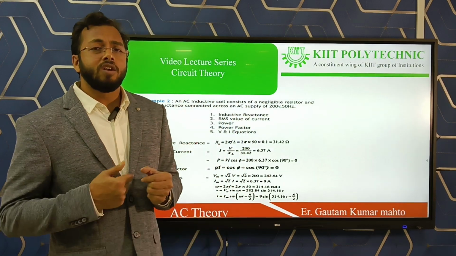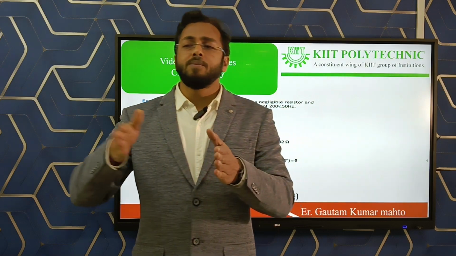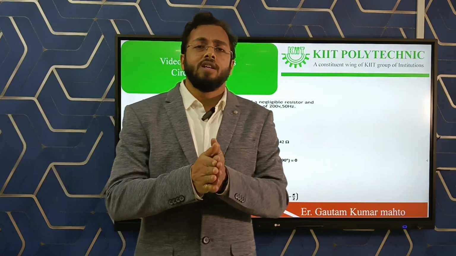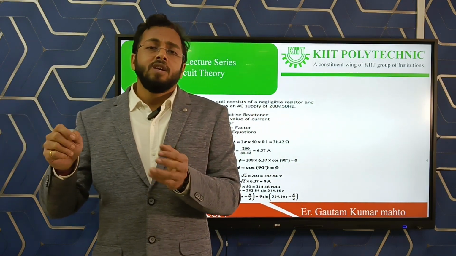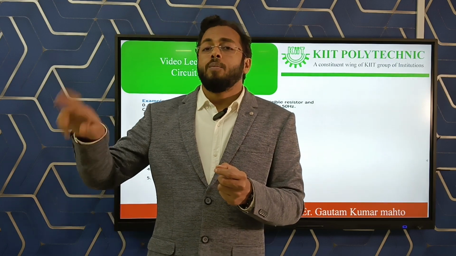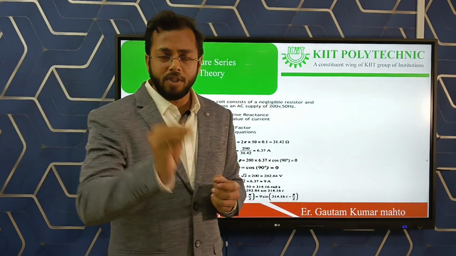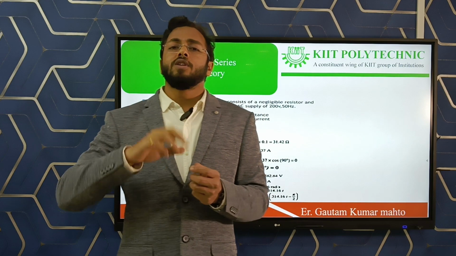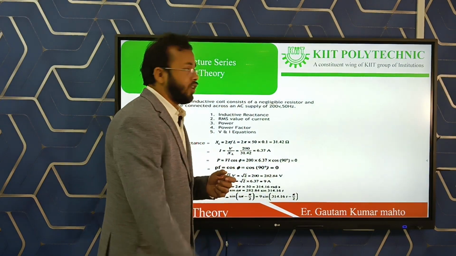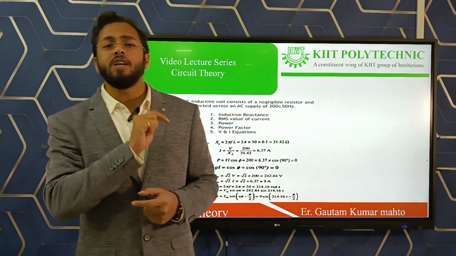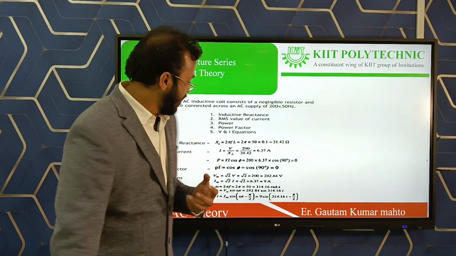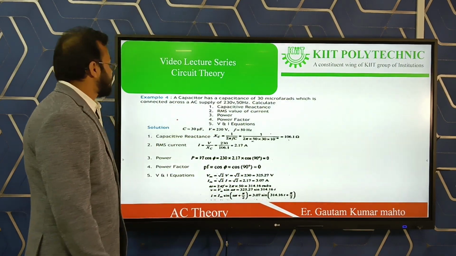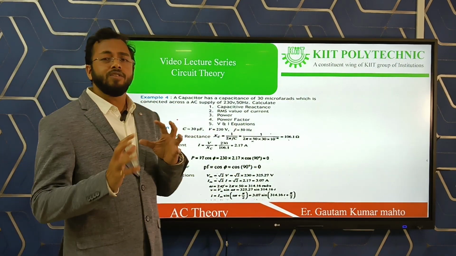You can apply the concept of V is equal to Vm sin omega t, and the current I is equal to Im sin omega t plus pi by 2 in case of a capacitive circuit, and minus pi by 2 in case of an inductive circuit, because an inductive circuit is a lagging circuit and a capacitive circuit is a leading circuit. The same thing we'll discuss in the capacitive circuit also.